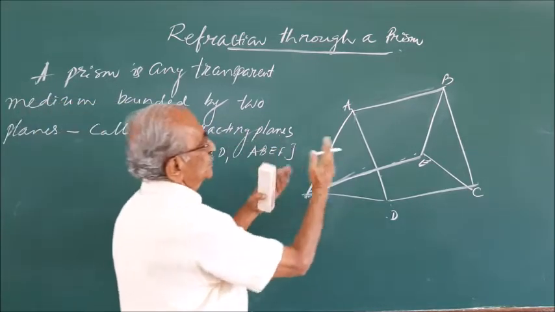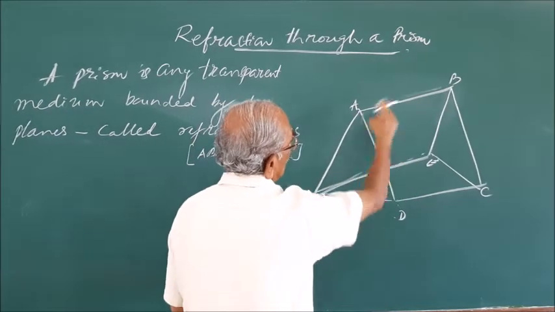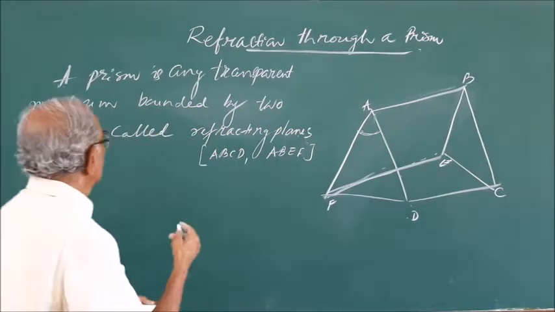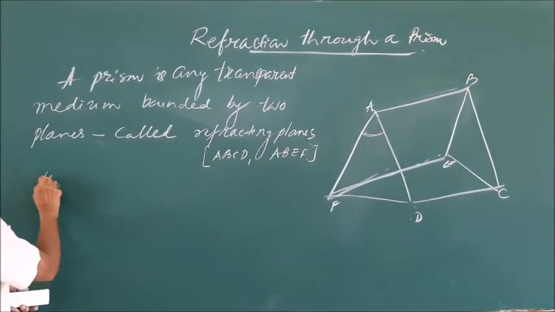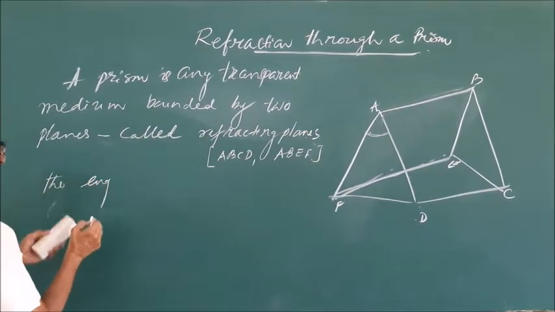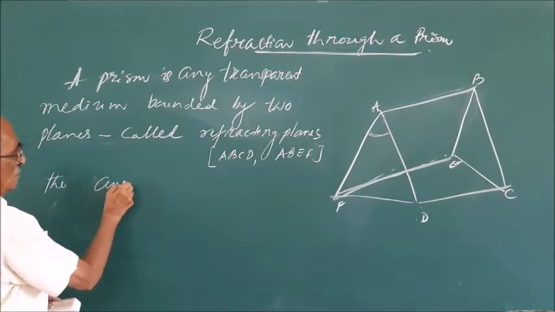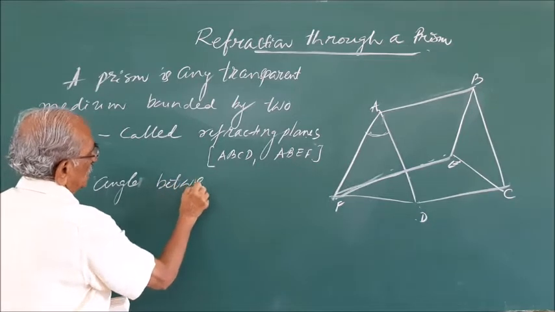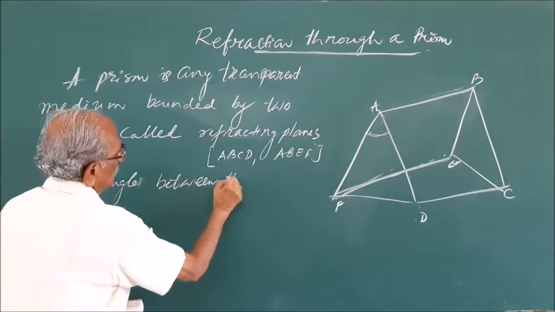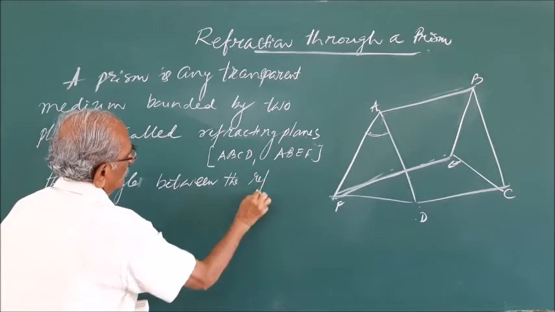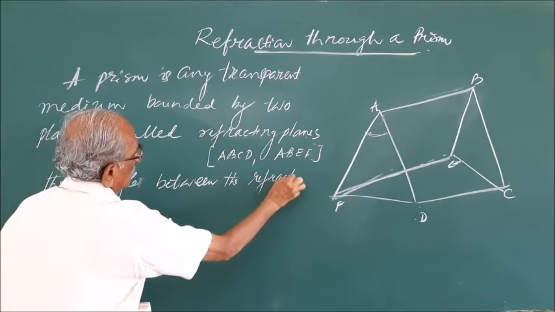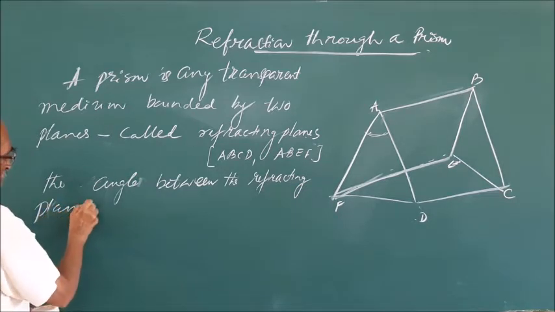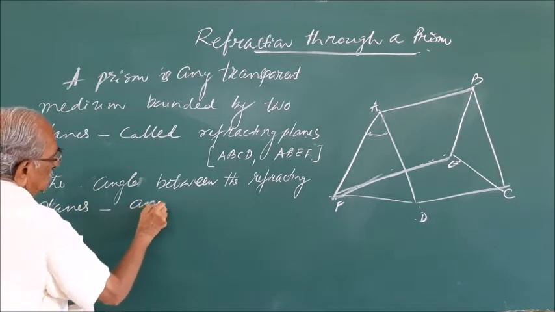These two planes make an angle between them. The angle between the refracting planes is called the angle of the prism.